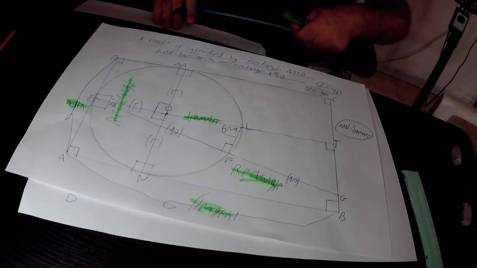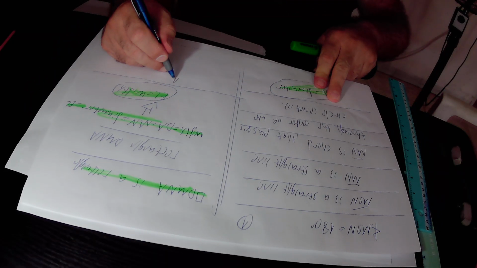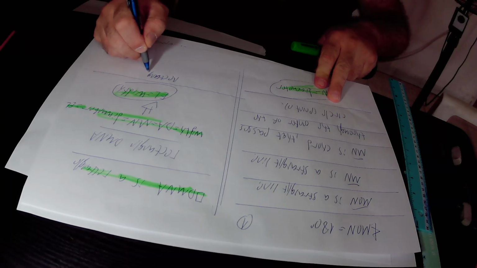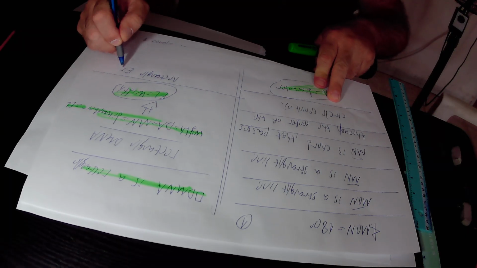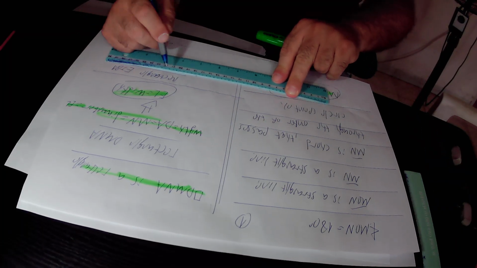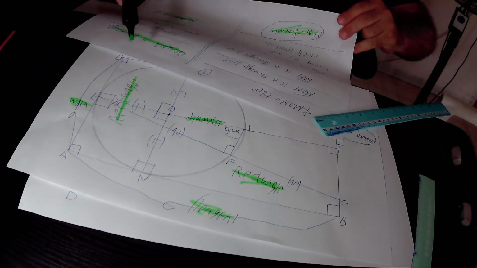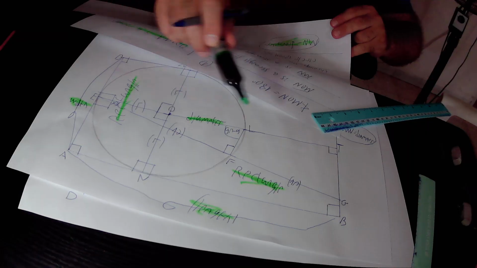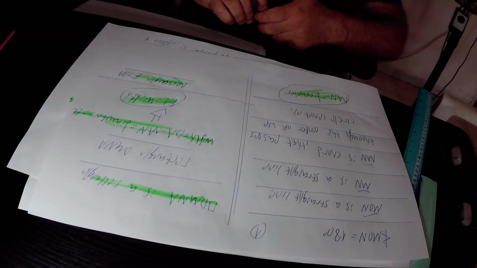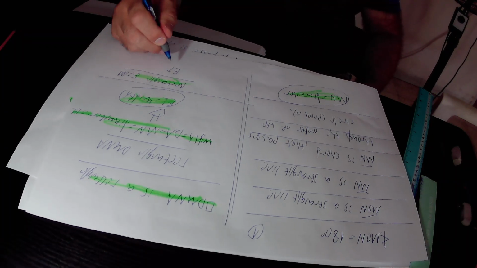In rectangle ETBA, the opposite sides are equal to each other. That is to say, side ET must be equal to the opposite side AB. ET equals AB.